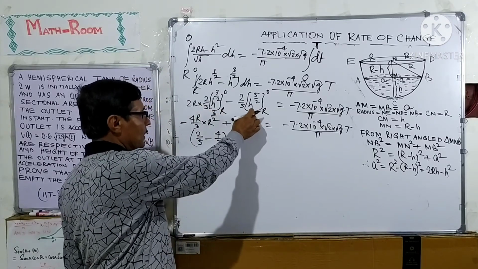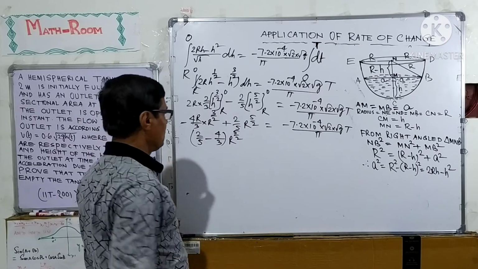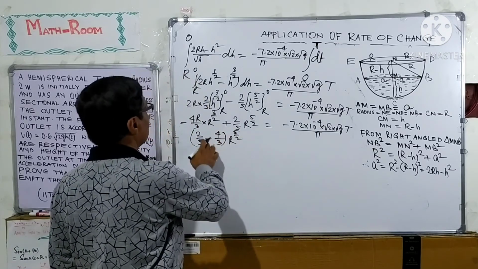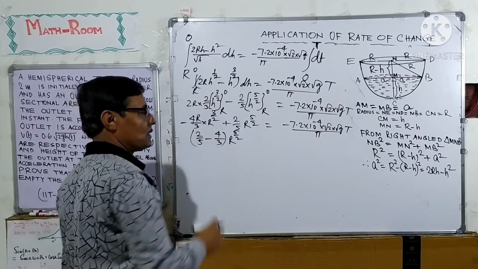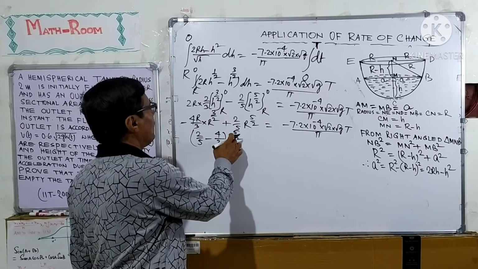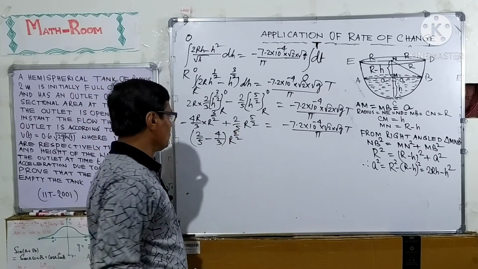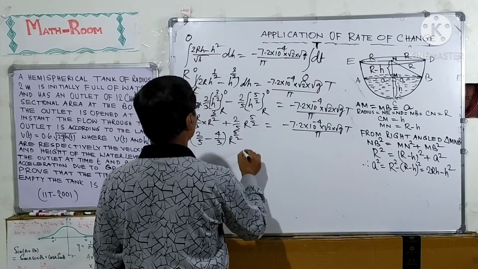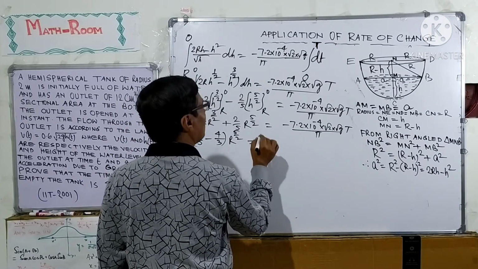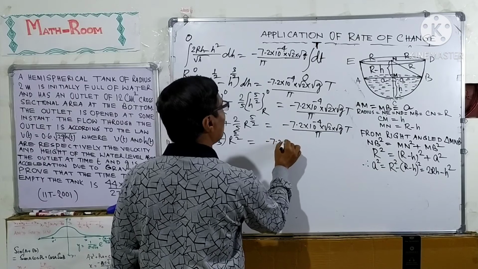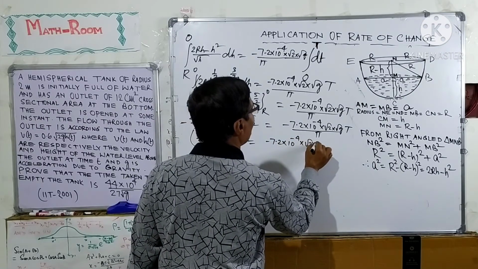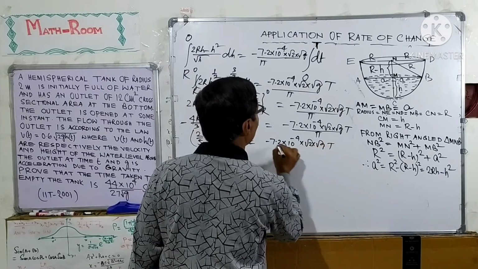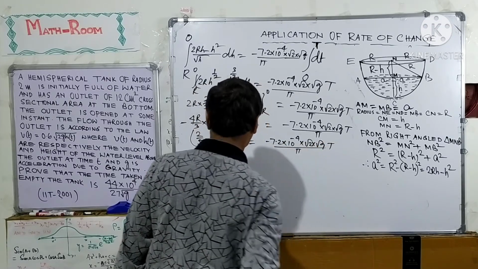So R to the power 5 over 2 is factorized: 2 over 5 minus 4 over 3, R to the power 5 over 2, equal to minus 7.2 times 10 to the power minus 4 root 2 into root g into capital T over pi.